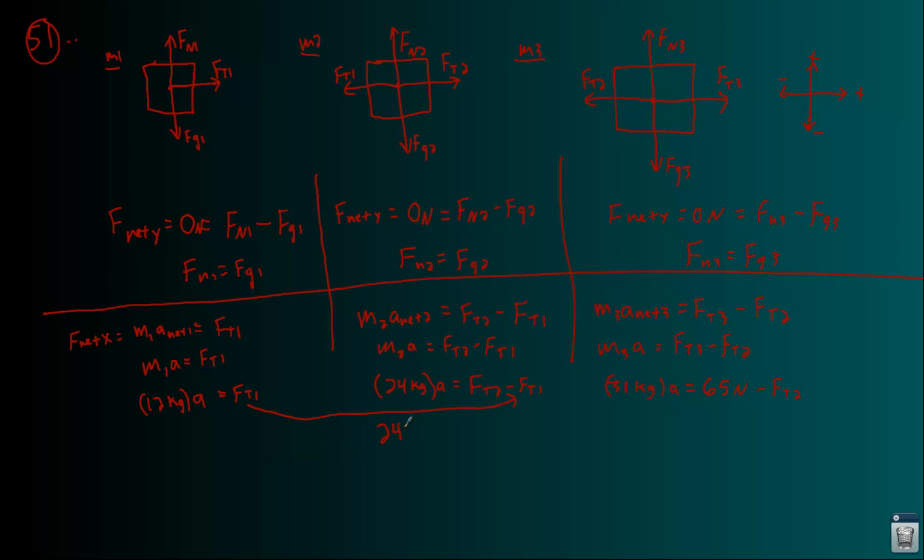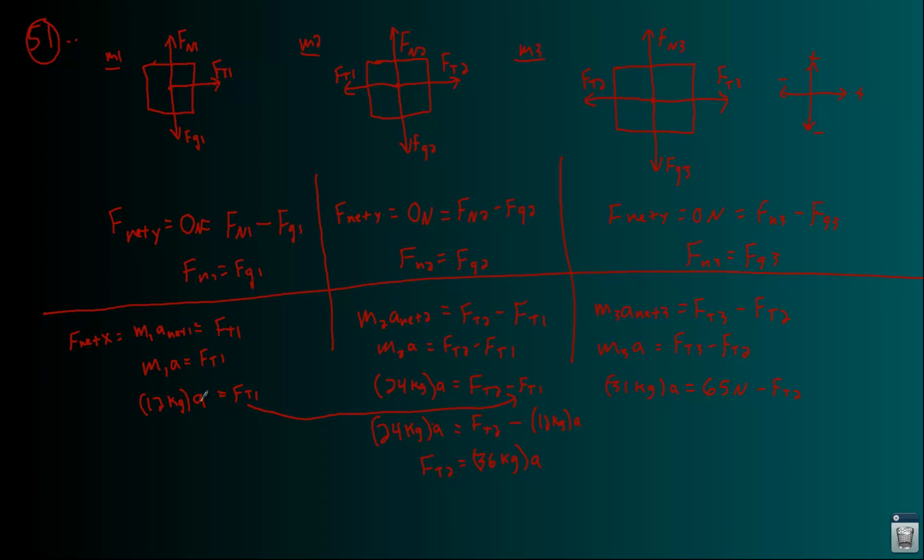So 24 kilograms times A equals Ft2 minus 12 kilograms A, because that's what Ft1 equals. And then we can combine these, so Ft2 equals 24 plus 12 is 36 kilograms times A. Well, did that get us anywhere?